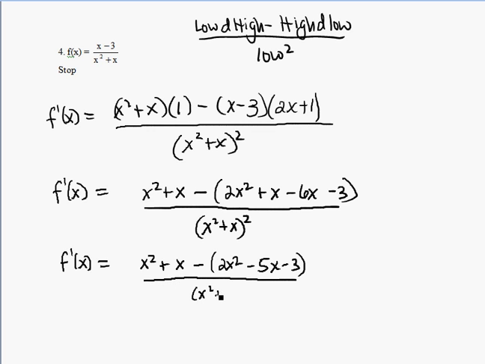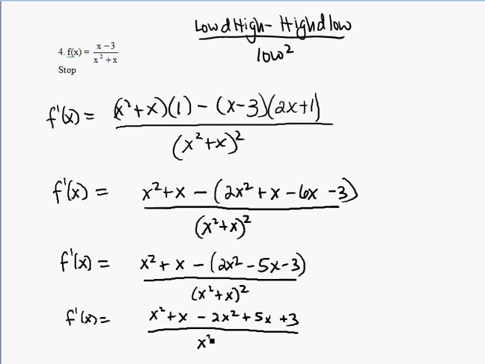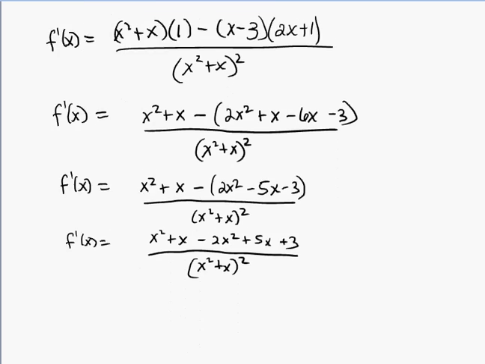Distributing the negative gives me x squared plus x minus 2x squared plus 5x plus 3 all over x squared plus x quantity squared. And we collect like terms and we should be all done.